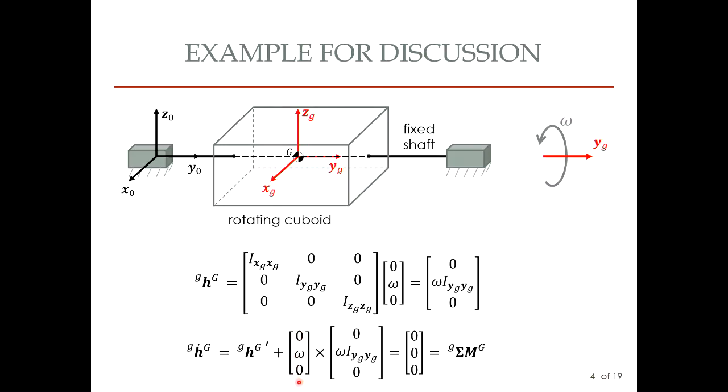Angular velocity of the shaft is parallel to angular momentum of the shaft. And this happens essentially because the inertia tensor is diagonal, like that. So what happens if it's not the case?